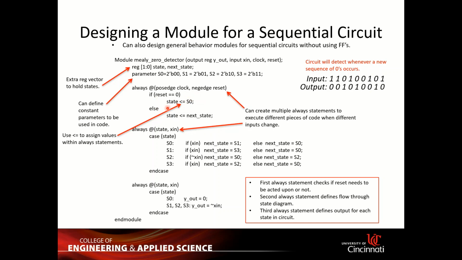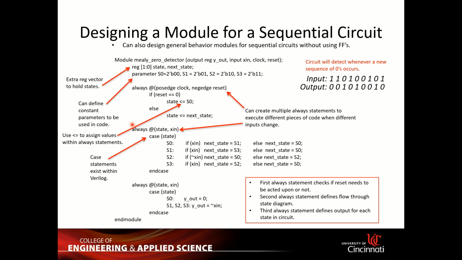This is the reset, the initial state. Always reset to this. If reset is not 0, then the current state will become the next state when the next clock cycle comes.